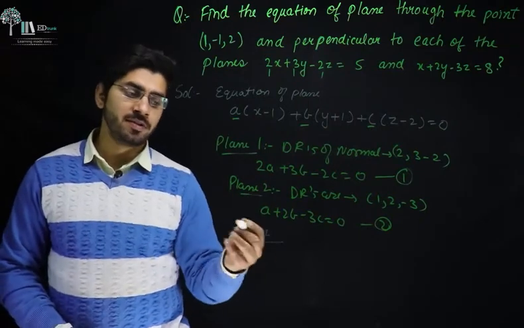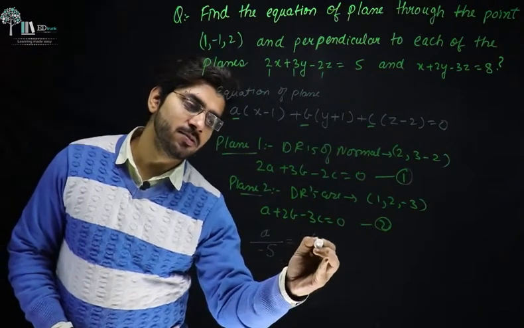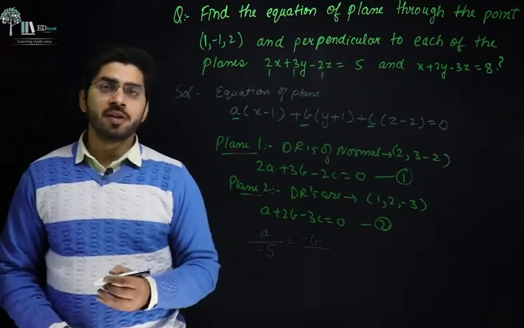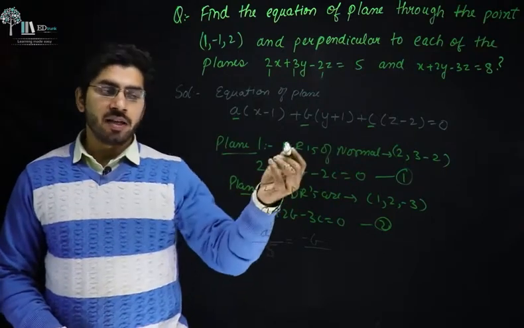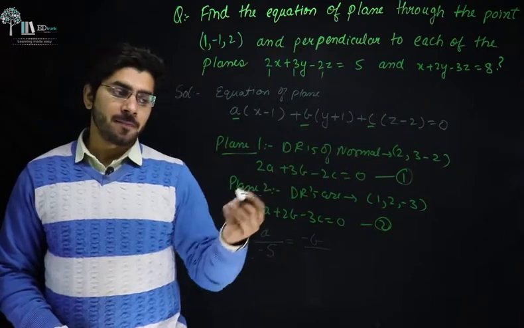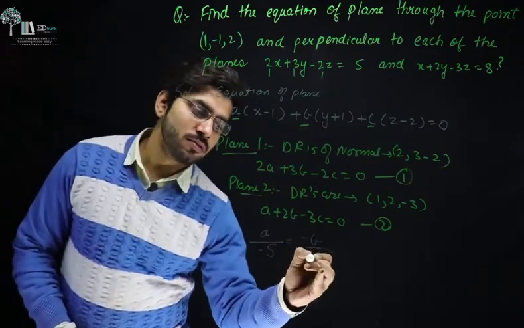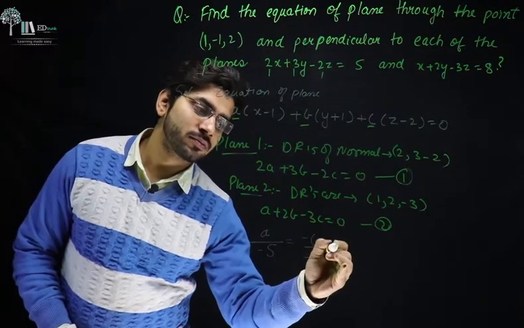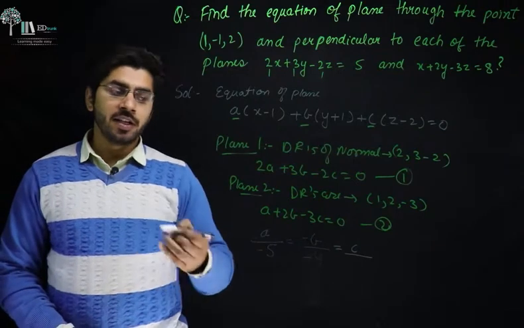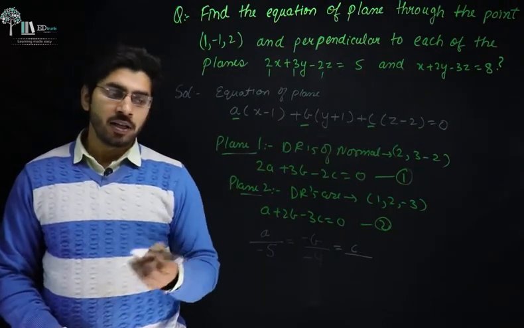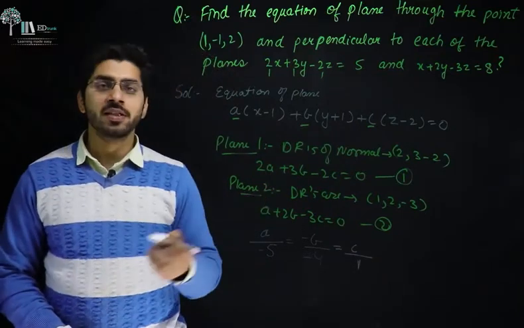So -9 plus 4 will be -5, equals to -b upon, multiplying a and c: 3 into 2 is 6, and minus of -2 into 1, so -6 plus 2, which will be equal to -4, which will be equal to c upon multiplication of a and b: 2 into 2 is 4 minus 3, that is 1.